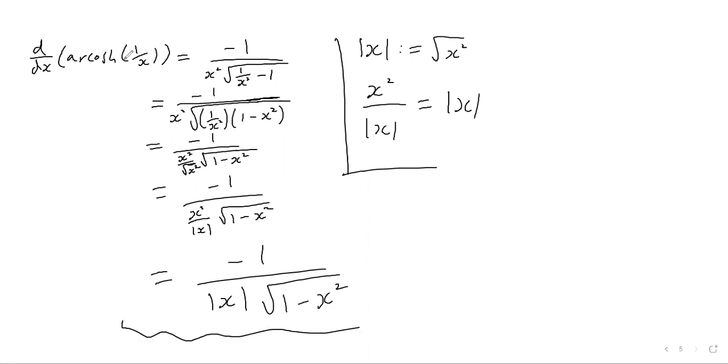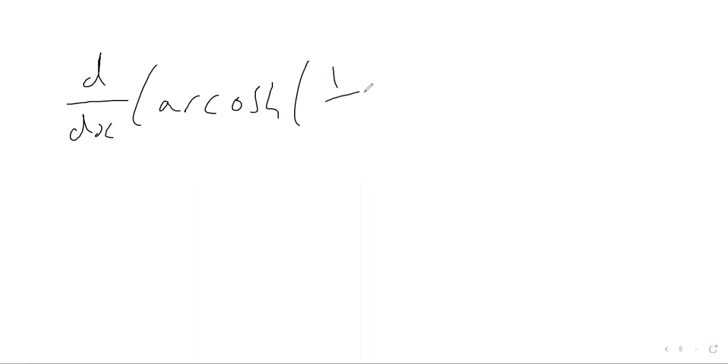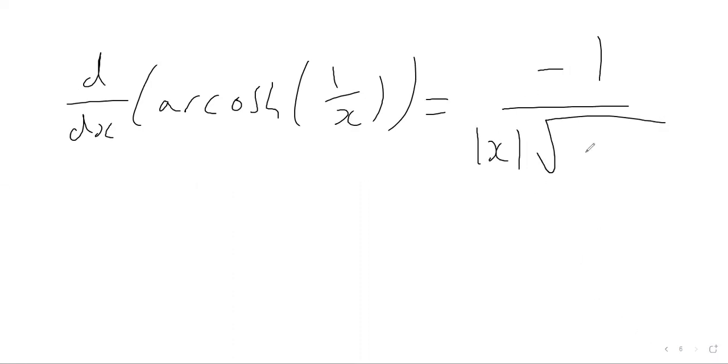So we know that when we differentiate arcosh of 1 over x, we get negative 1 over the result that we got, which was modulus of x times the square root of 1 minus x squared. So that's the result really for this video.